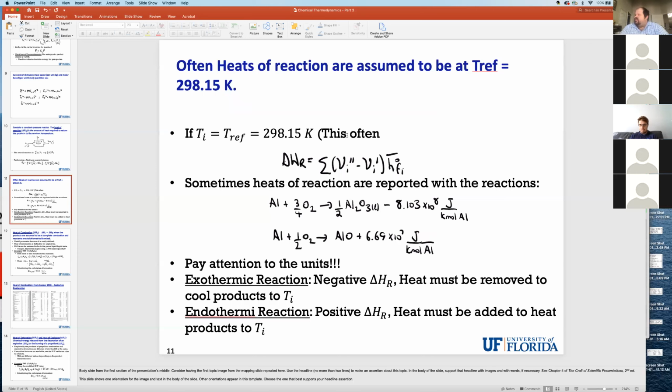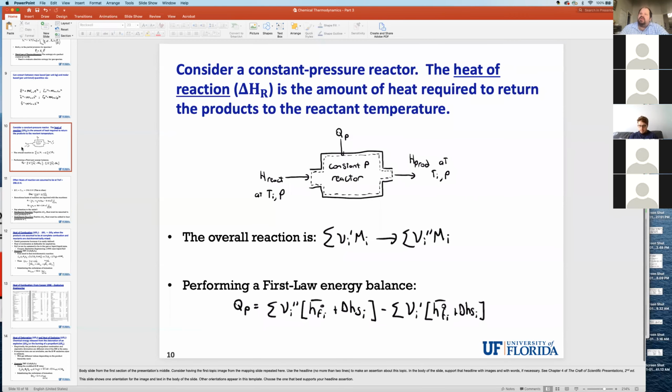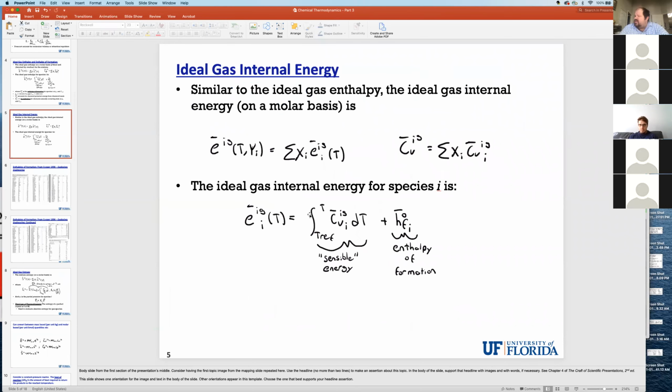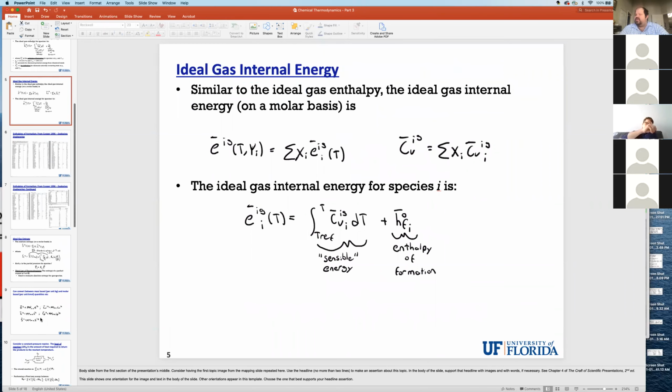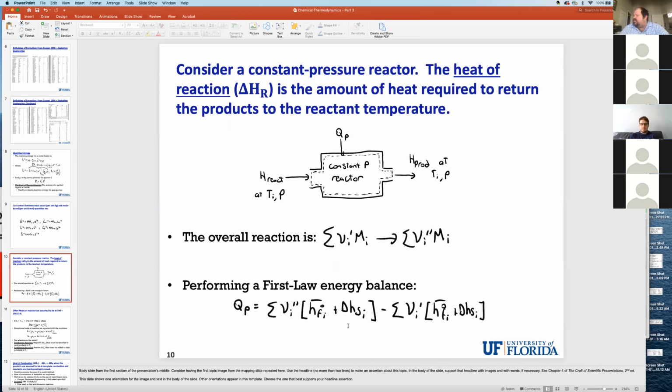This is often written like this, because if we go back up to here, we have this change of sensible enthalpy, which is basically just this integral here, with Cp, and the reference temperature for that is 298.15.